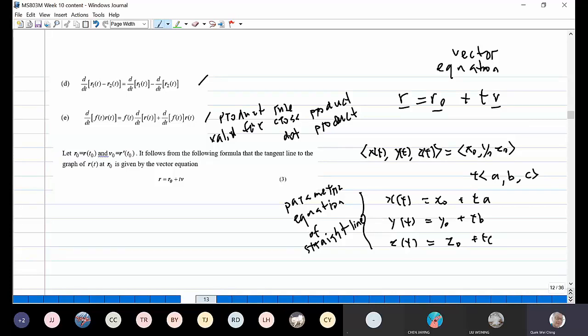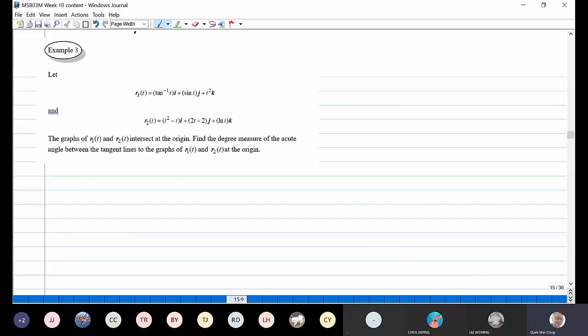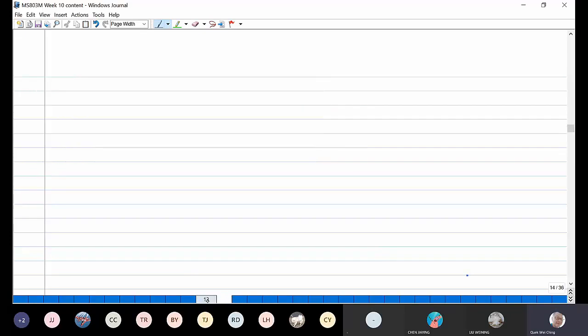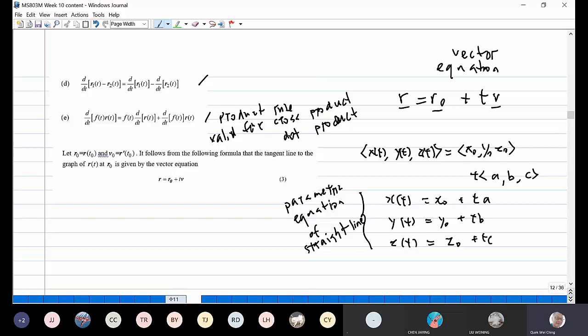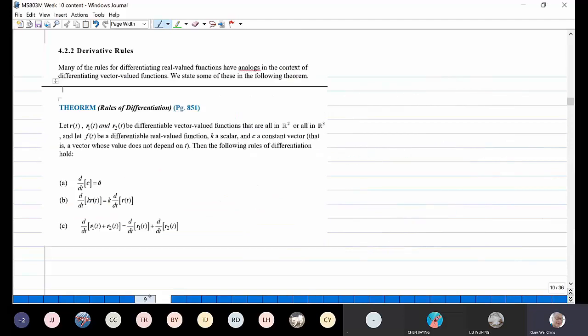First example, already you have the calculation, it will be example 2. Hopefully this is right. Example 2, right? I have example 3. Where's example 2? It is somewhere here.